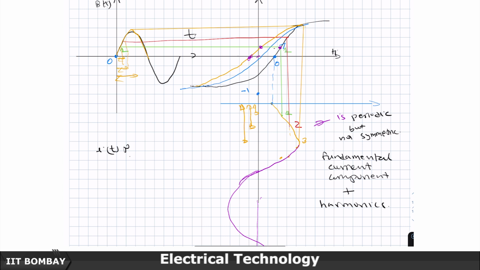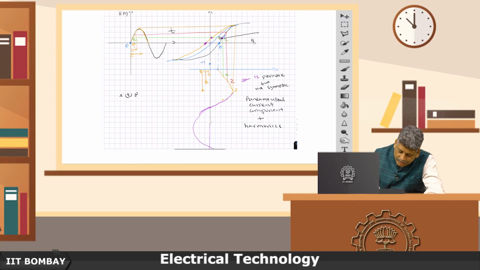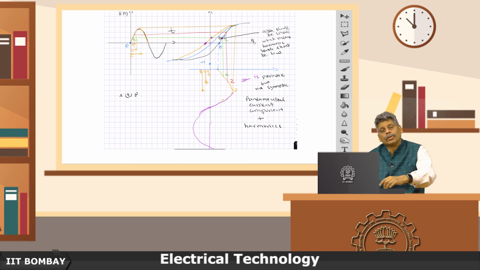And if it is a good piece of iron that you have picked up with good properties, this area should be small, which means that harmonic levels should be low.